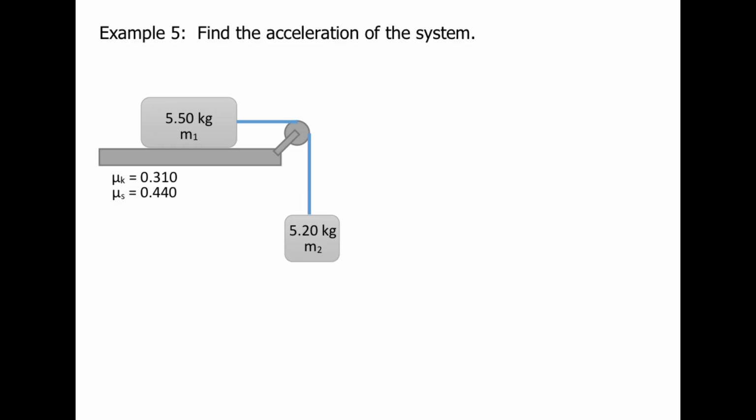So the key here is this pulley. The pulley, all it does is it changes the direction of the force. So this rope is pulling to the right, so I'm going to put this on here. I'm just going to draw the first force here. We have a tension force here, and it's pulling this object to the right.